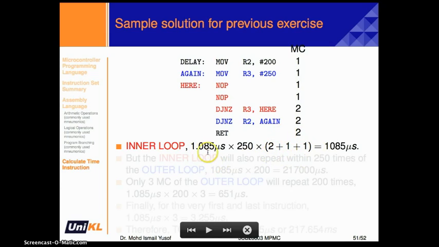So 1.085 microseconds multiplied by 250 repetitions and then multiplied by 4, we have 1085 microseconds to execute only the inner loop.